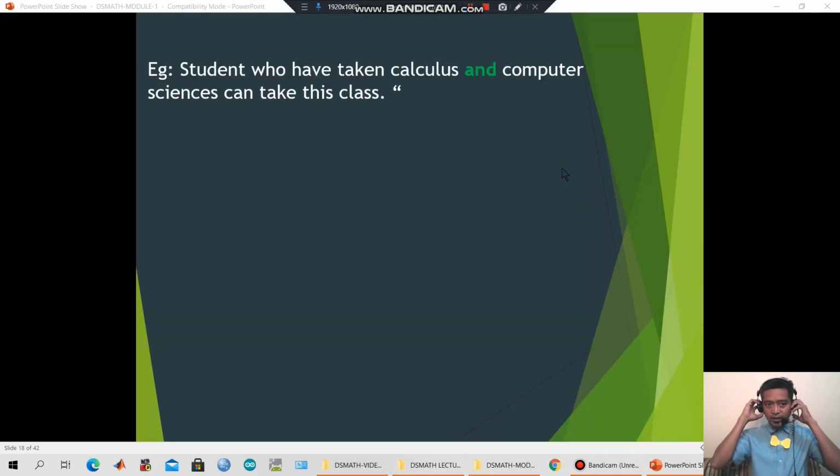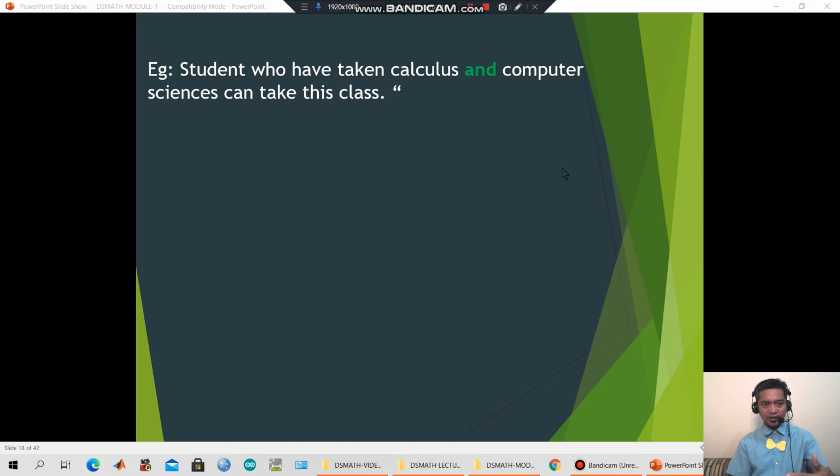Ayan. So, again: students who have taken calculus and computer sciences can take this class. Actually, kahit hindi pa natin titingnan yung truth table nito, we could actually think of the logical truth value of this right away. Student who have taken calculus, so that's positive.